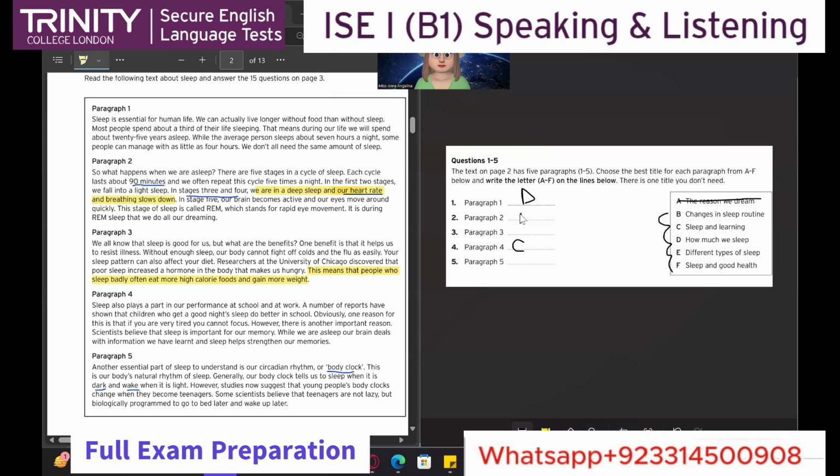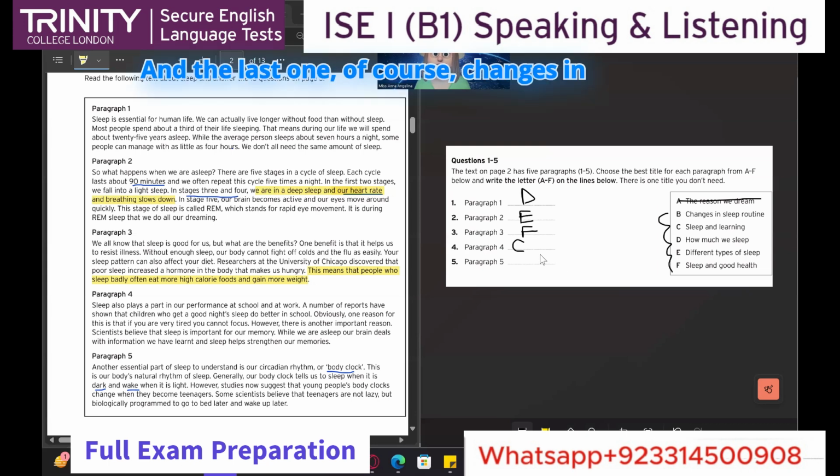Okay. And sleep and good health is... Good. And left, changes in sleep routine. And the last one, of course, changes in sleep routine.